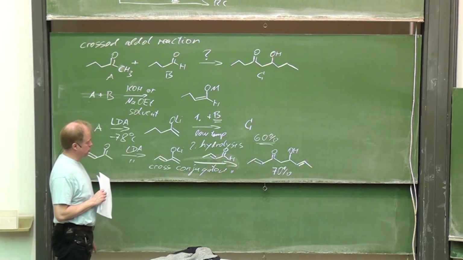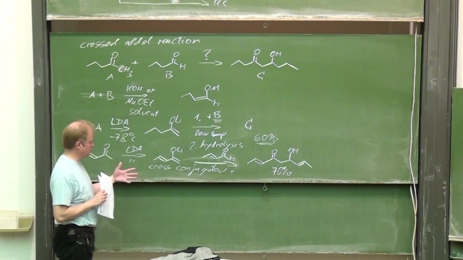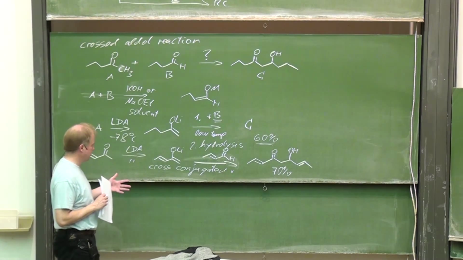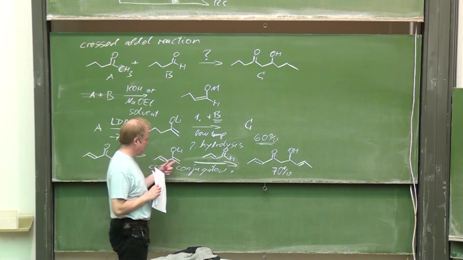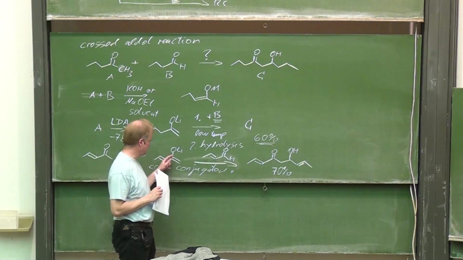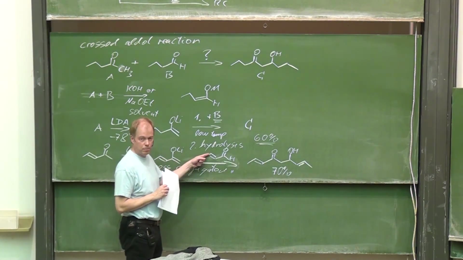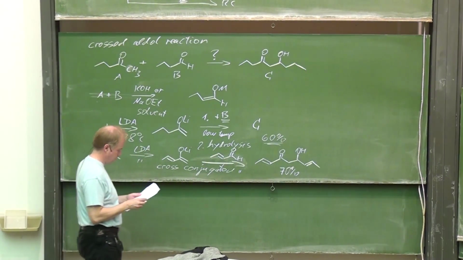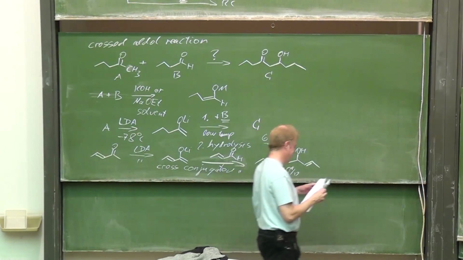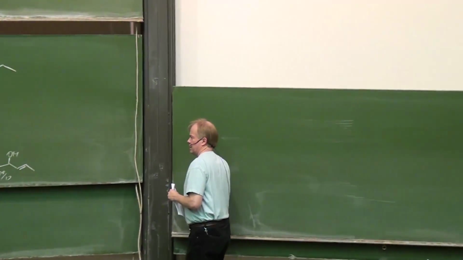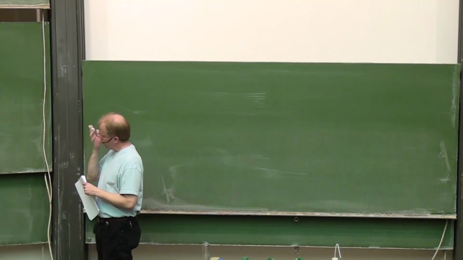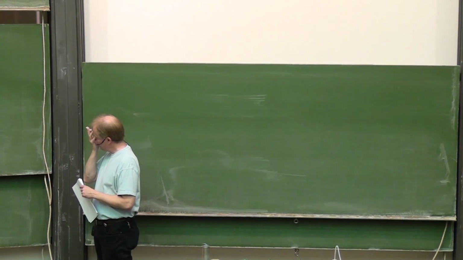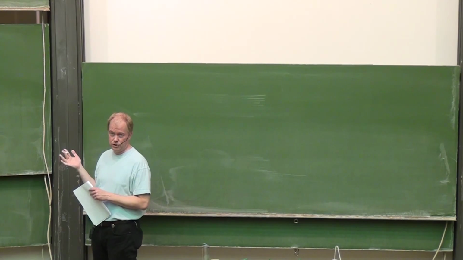While for me it's somewhat astonishing that we achieve still a good yield, because in this case we also have another competing reaction, a Michael type addition process where the enolate reacts at the better position. However, this was found as the main product. But 60 to 70% yield seems to be the maximum we can achieve here.